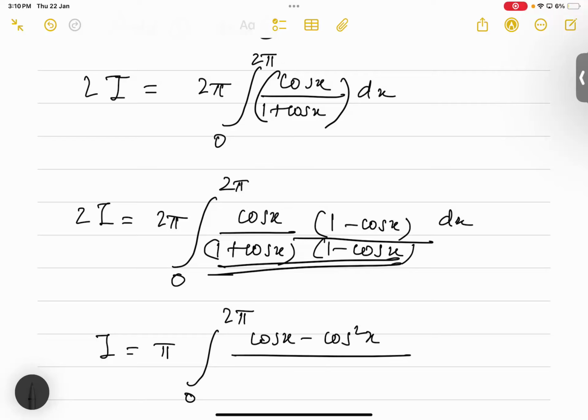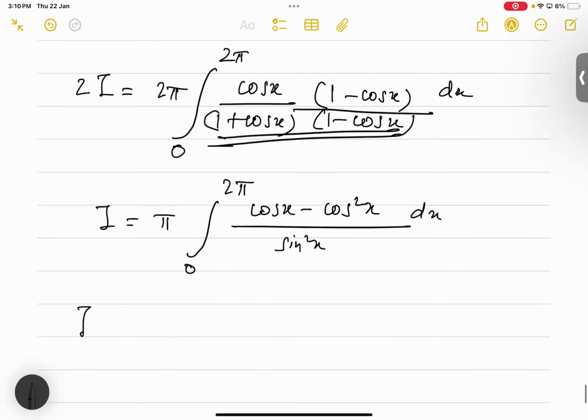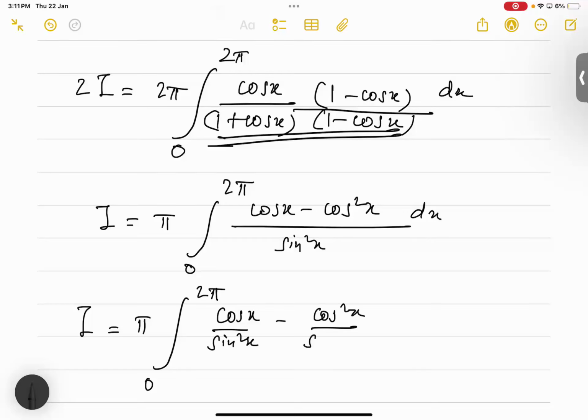Sin square. So cos upon sin square. What is cos upon sin square? Correct. Now you can complete this on your own.